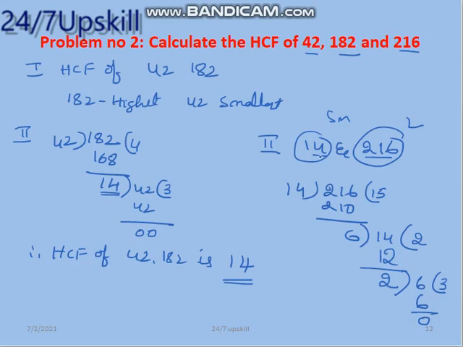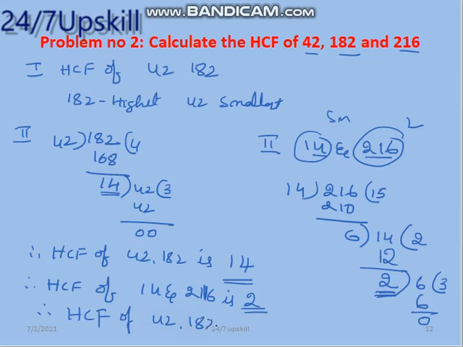Now the HCF between 14 and 216 is 2. See, this is the last non-zero remainder. Therefore, finally, we can say the HCF of 42, 182 and 216 is 2.